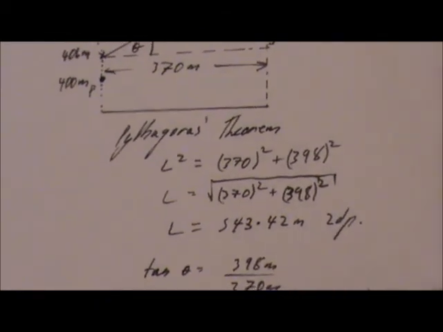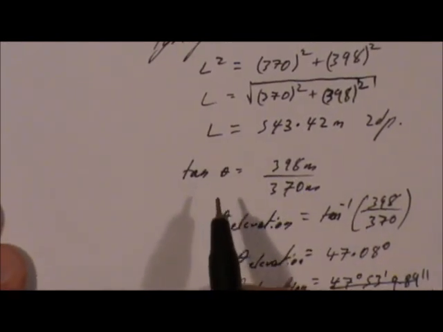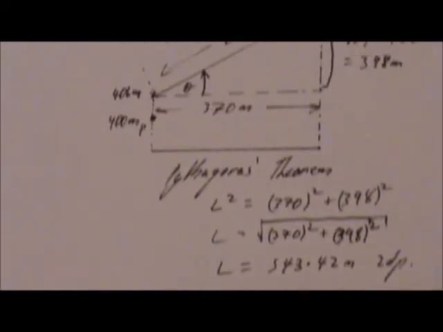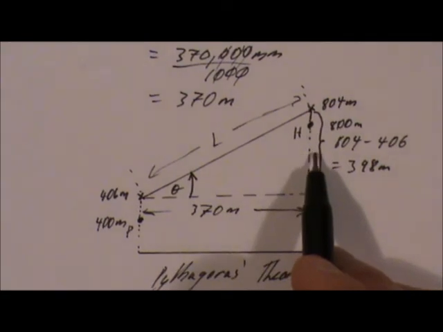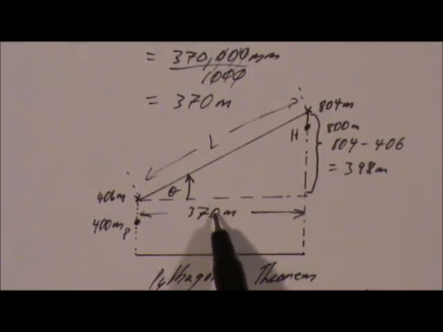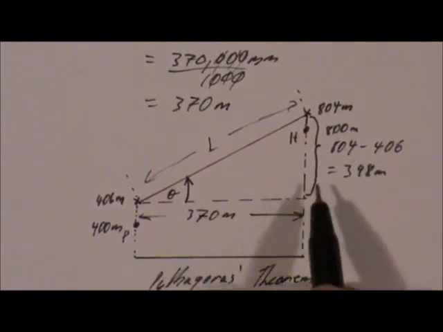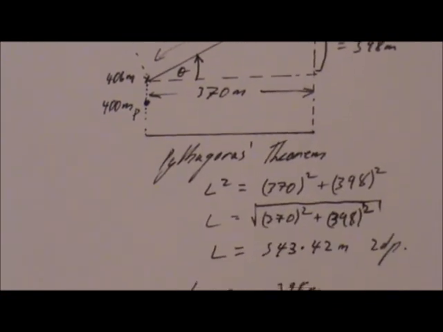Next, we can calculate the angle of elevation by using a basic trig ratio. In this case, the particular trig ratio we're interested in is tan. The reason being is the angle here, this side is opposite, 398, and this side, the two sides we're interested in, one is the opposite, the other one is the adjacent, therefore that gives rise to the tan trig ratio.